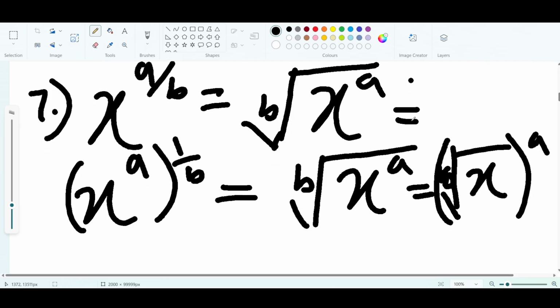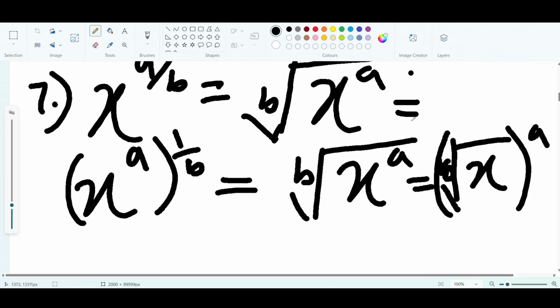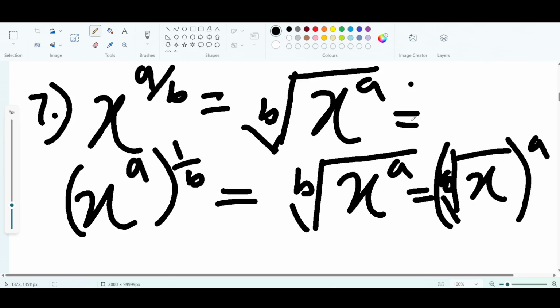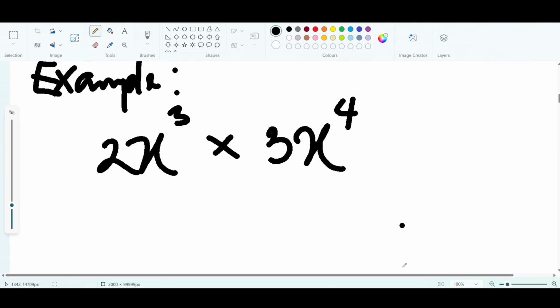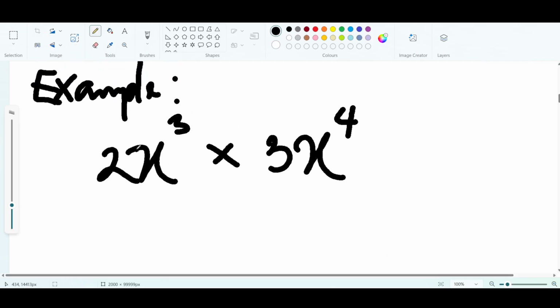So at this point, we will now look at different examples of these laws, so where we see them in application. Okay, now looking at this example, we see that this is an example of the first law of indices. So when we are applying the law of indices, we apply it to the bases.